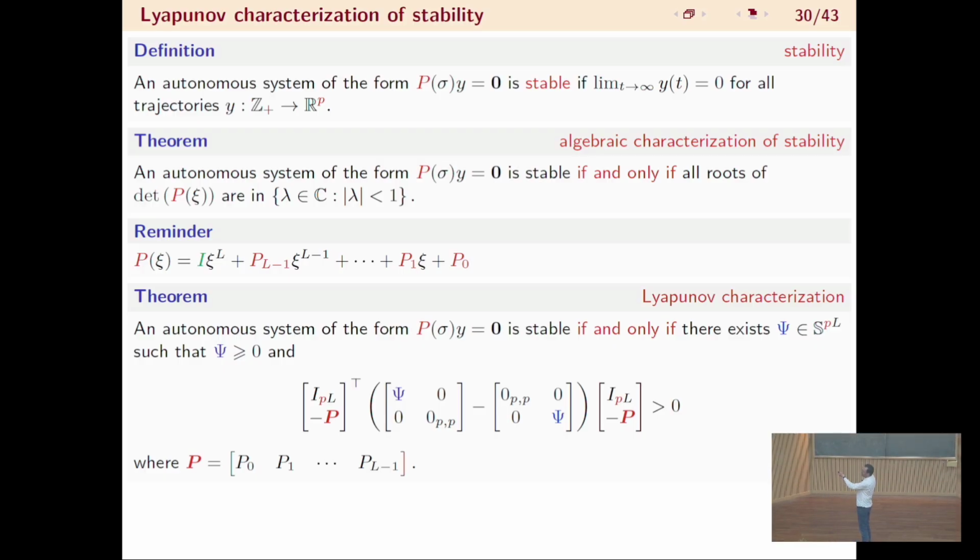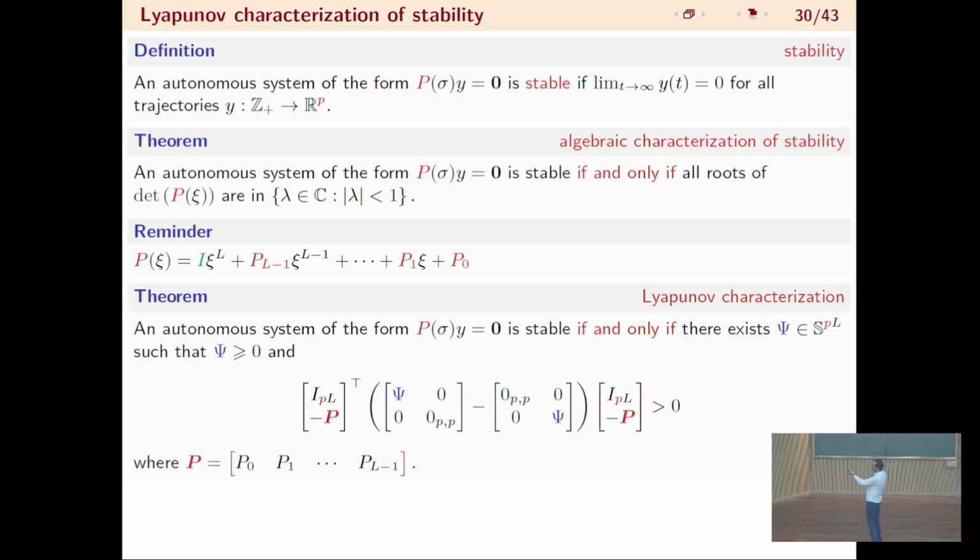Since the highest coefficient is identity, it is automatically non-singular, because of this identity here. But if I have PL here, then I need to assume it is non-singular. So I have a Lyapunov characterization for stability of higher order systems.